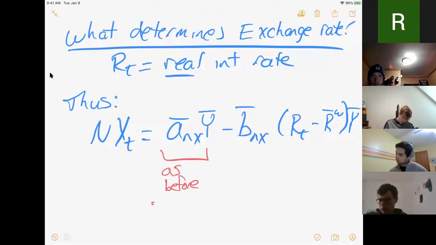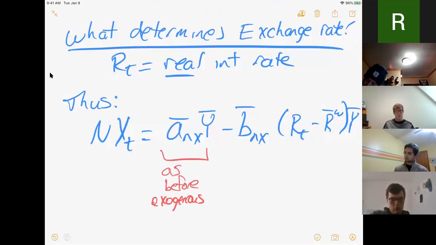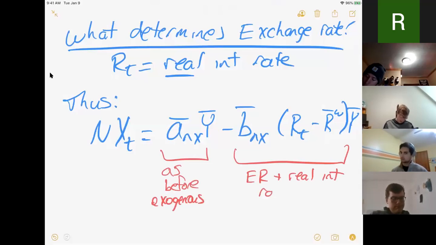This is exogenous. There's an exogenous part of net exports that's dependent upon our trend output. This is the new part. And what this allows us to incorporate into our model is that exchange rates and the real interest rate impact net exports.